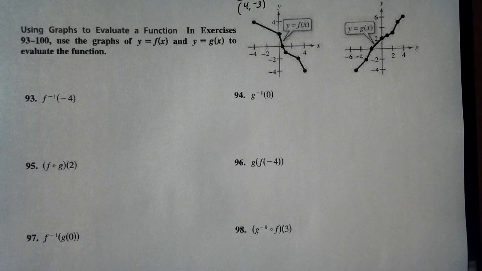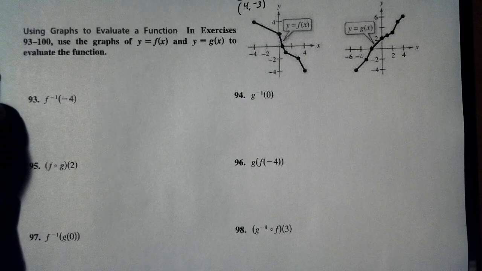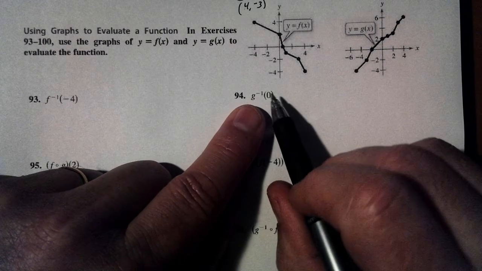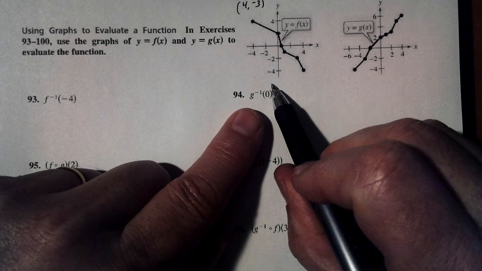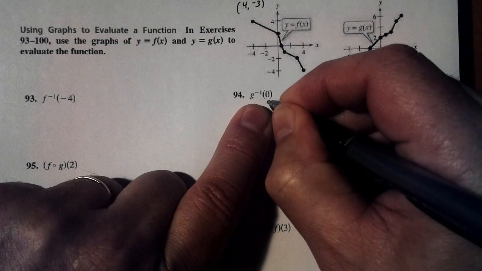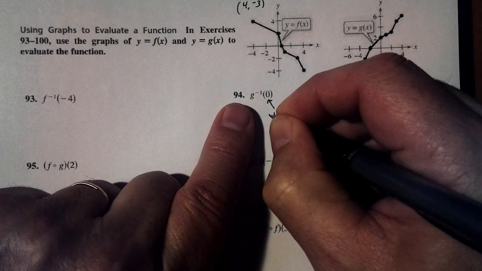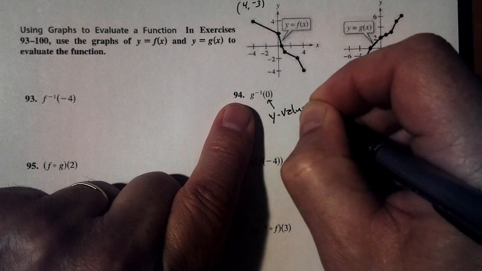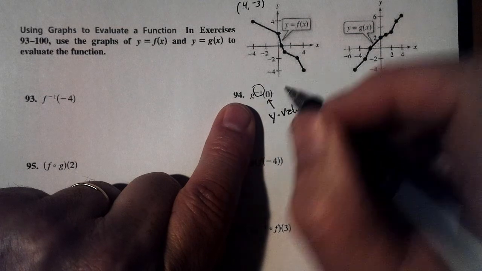Use the graphs of y equals f of x and y equals g of x, two different functions here, to evaluate the function. This is g inverse of 0. Now, g inverse of 0 means I go to factory g and 0 is the y value because of the inverse.